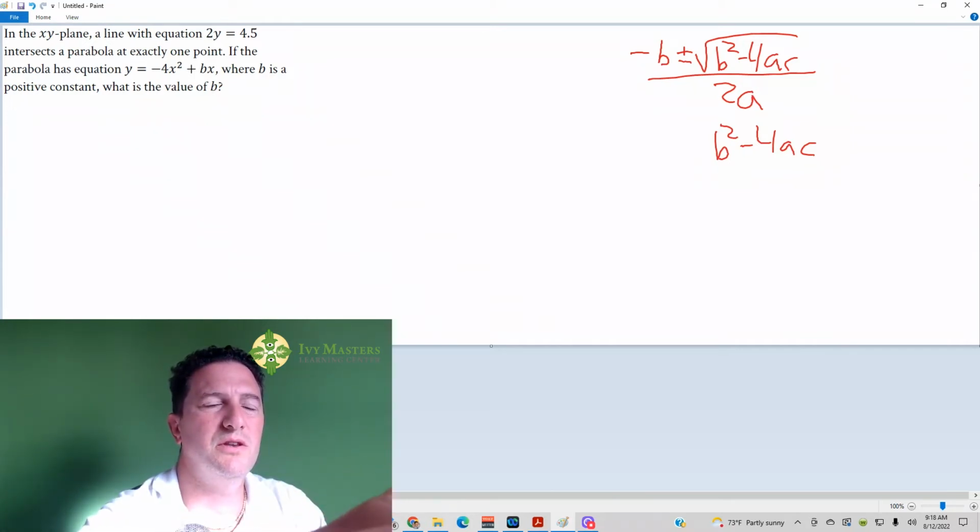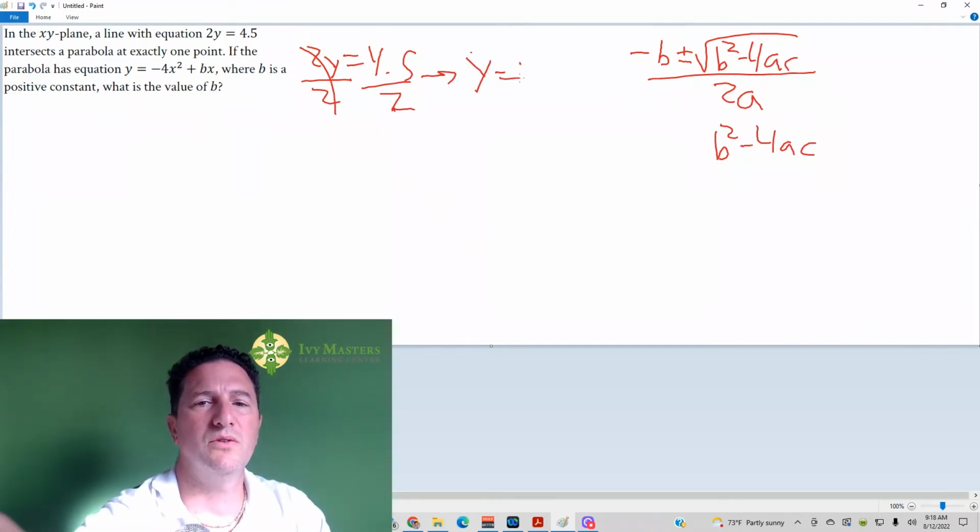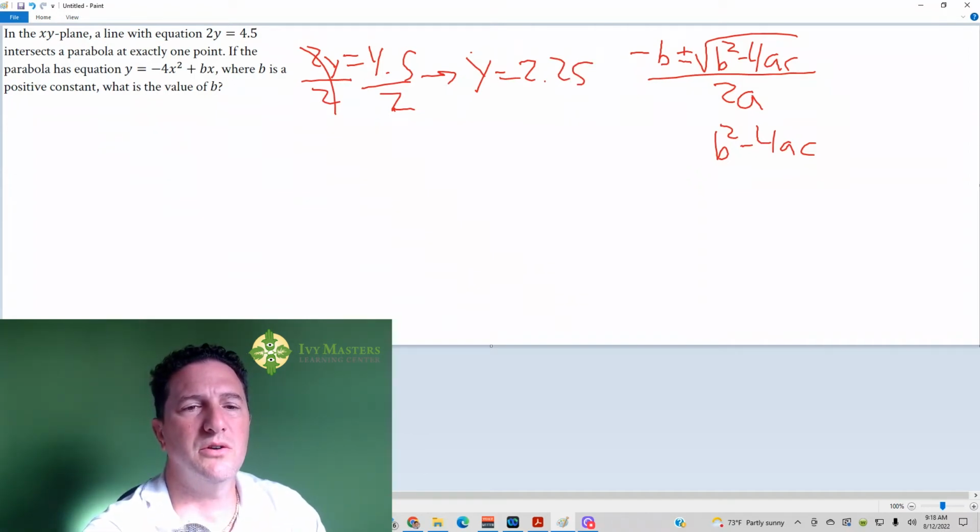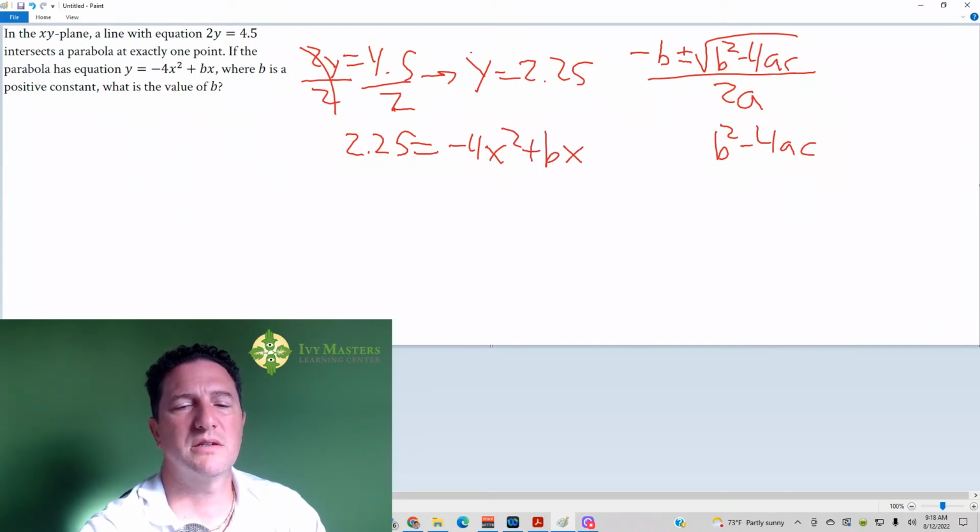So first thing, we do our system of equations. I take my 2y equals 4.5 and I divide both sides by 2. And this cancels, and what I get is that y equals 2.25. Now when I plug it into my equation over there, I've got 2.25 equals negative 4x squared plus bx.